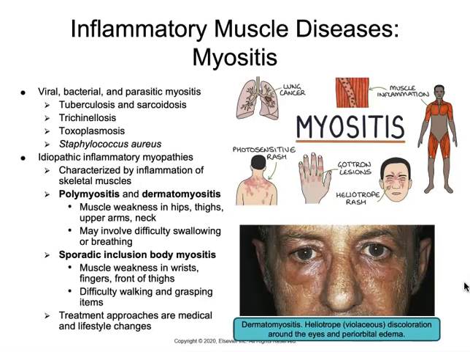Then we have trichinosis that is caused by ingesting infected meat like pigs or wildlife, and our symptoms would include gastrointestinal distress, muscle pain and stiffness, and a rash or fever developing, and we could treat it with corticosteroids and anti-parasitic agents.